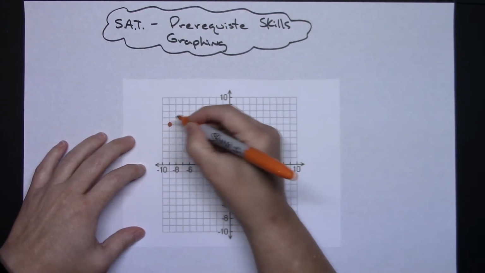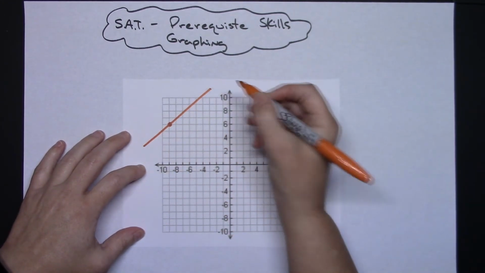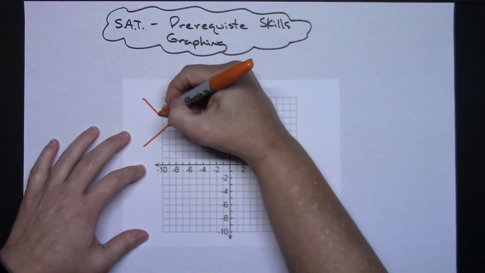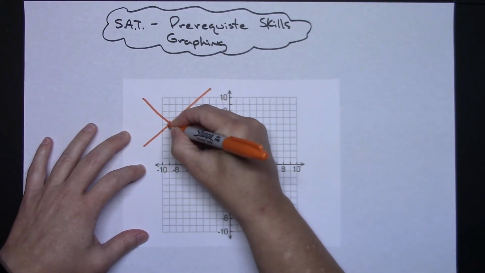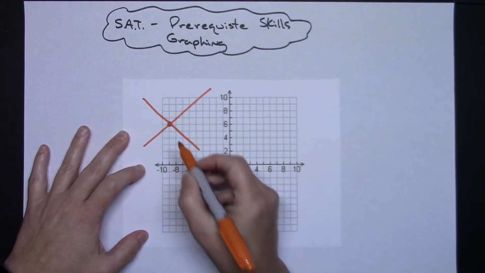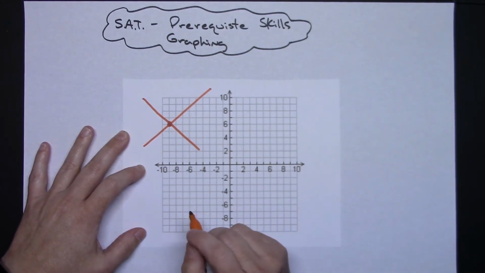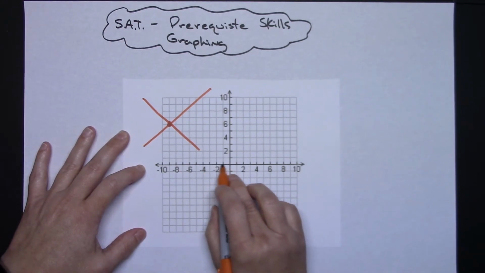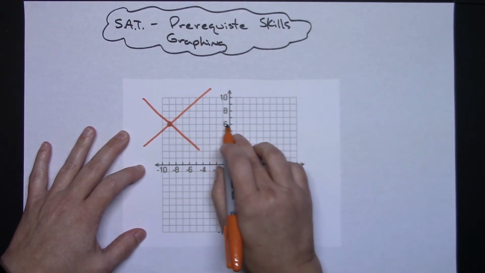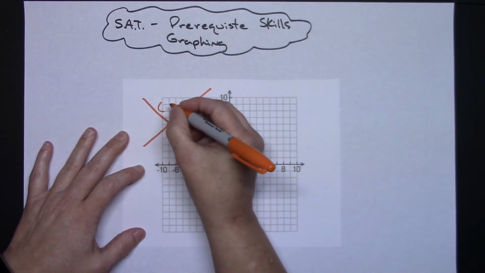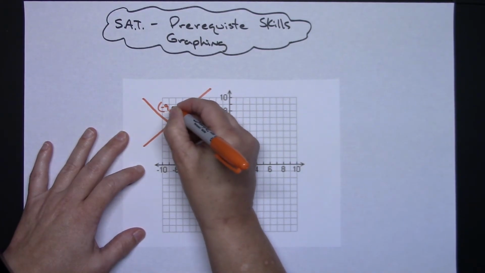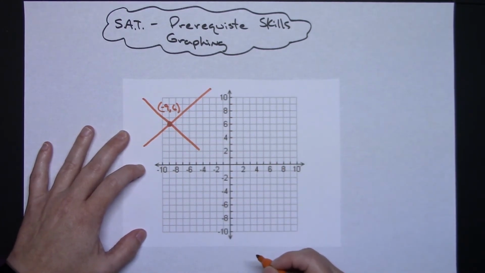Like let's say I just graphed a line and it crossed there and my second one crossed here. If I were to graph those 2 lines and they ended up right there, the point at which they cross is the solution. It is one solution, and whatever that ordered pair is, so -9, 6 would be the solution to that system of equations.